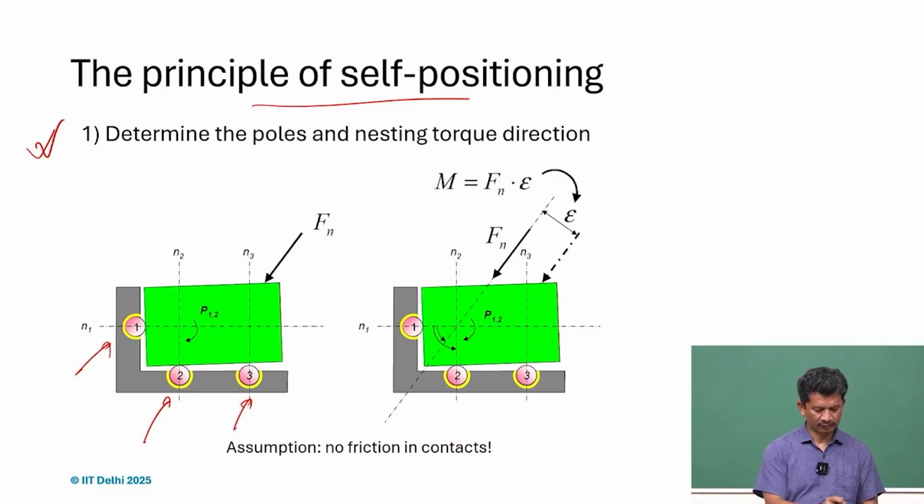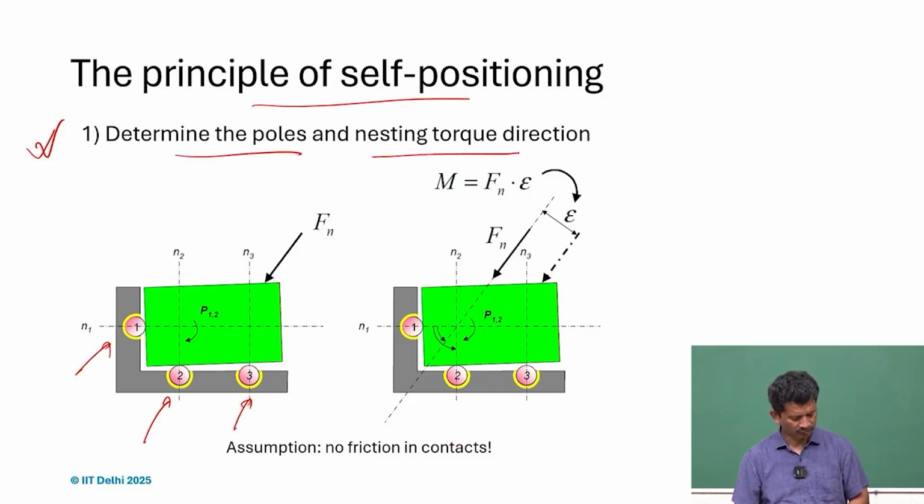The first thing is to determine the poles and nesting torque direction. For instance, in this case N1 and N2, P12 is the pole, assuming 1 and 2 are in contact, and to make the third contact, this is the direction of the nesting torque required.